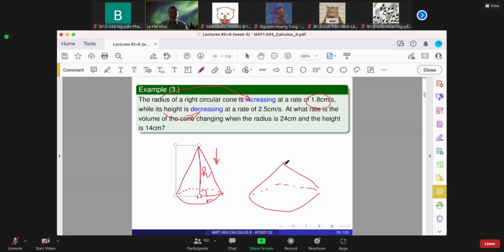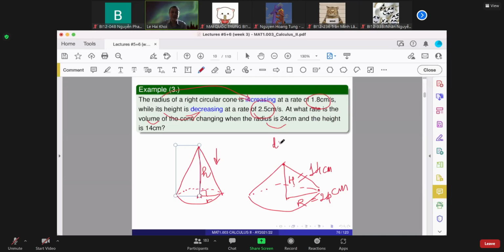So h is bigger, h smaller, h smaller, but r is bigger. And the rates of decreasing and increasing are about 1.8 and 2.5. And you are asked to find the rate at which the volume of the cone is changing when big R is 24 centimeters and the height is 14 centimeters.